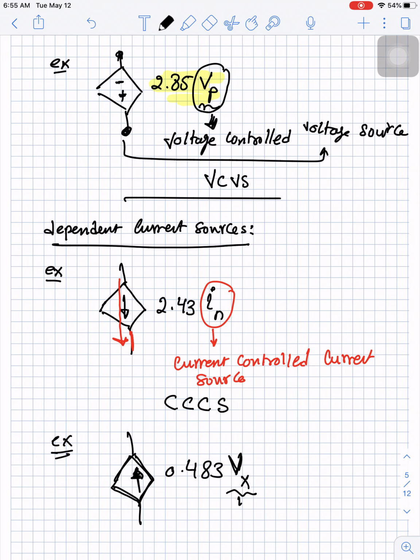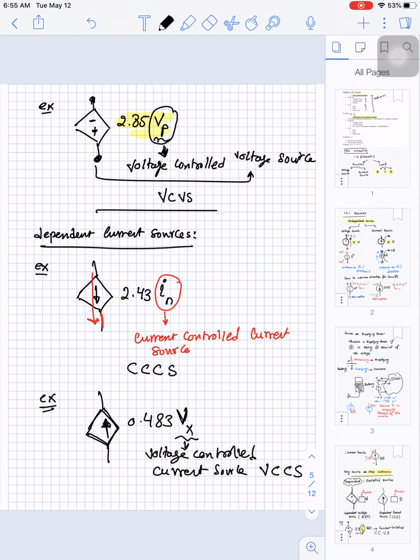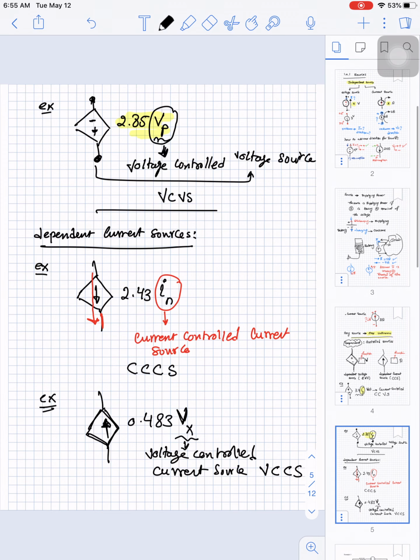So the control variable here is voltage. So this is a voltage controlled current source, or VCCS. So these are the types of dependent sources that we can see in any DC circuit. So let's add another page.